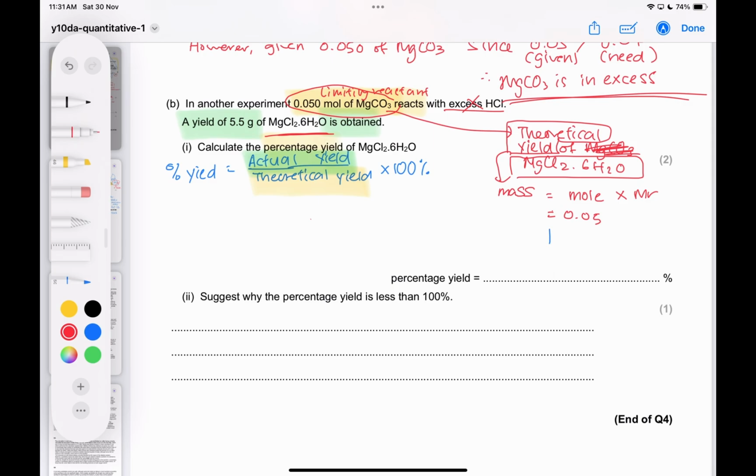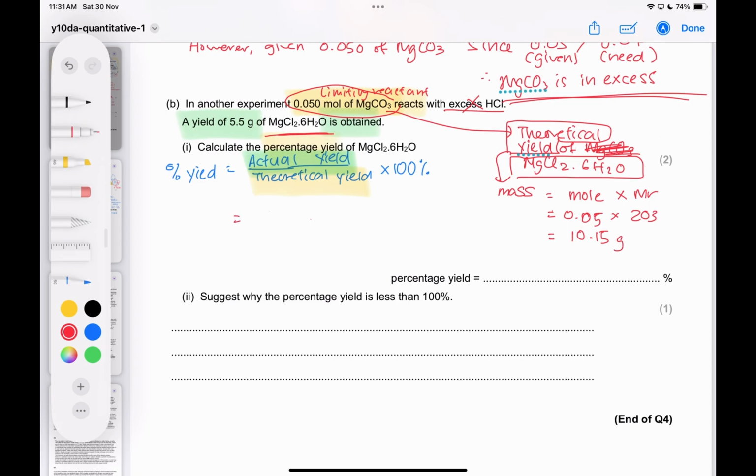Every water is 18, so it's 6 times 18. You end up with 203, and then you multiply by the number of mole. I'm going to take this away. Oops, my eraser is too chubby. Okay, and I'll get a mass of 10.5 gram.